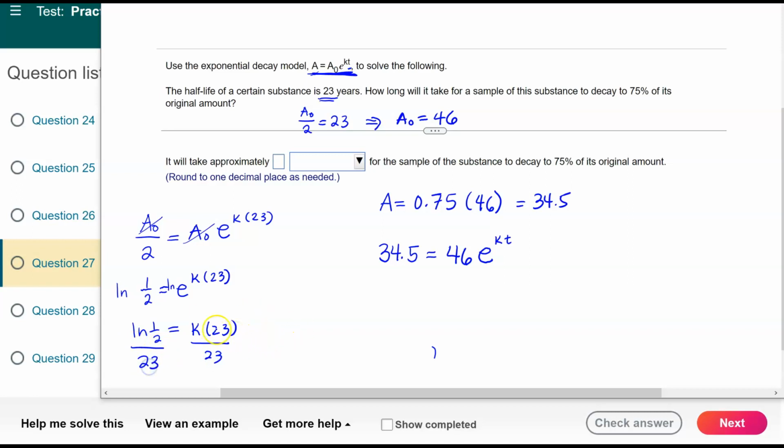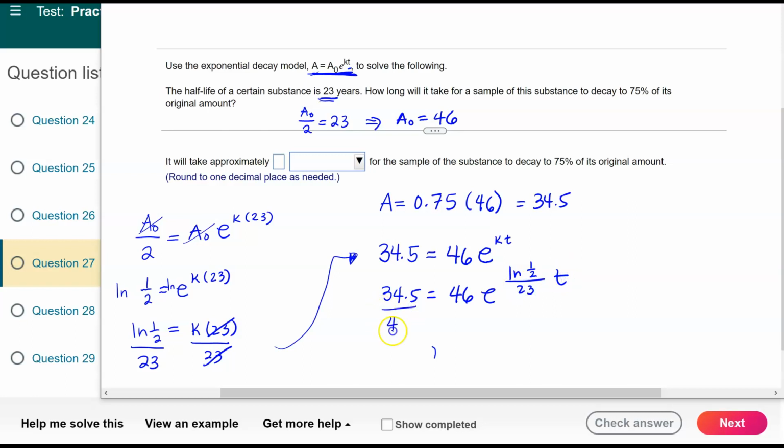So k is equal to ln of 1/2 over 23. Going back here, you will have 34.5 equals 46e, and then k is ln of 1/2 over 23 times t.